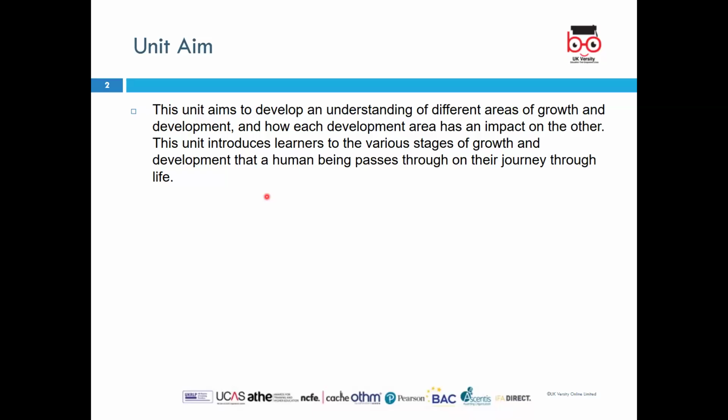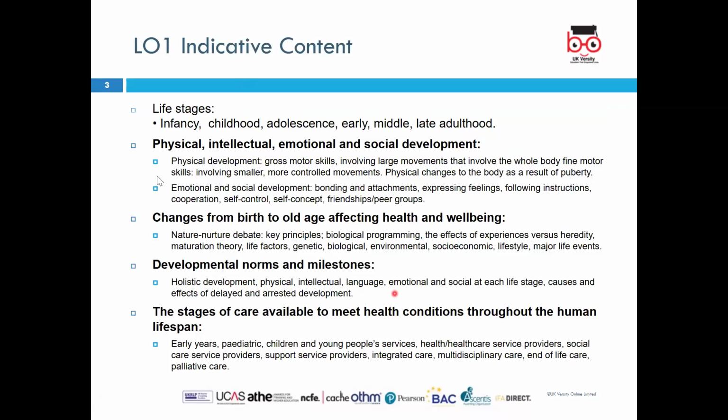A little bit about the terminologies. We have different life stages: infancy, childhood, adolescence, early, middle, and late adulthood. All of these are the different life stages, and you have different types of growth and development throughout them: physical, intellectual, emotional, and social development. Your physical growth is mostly the gross motor skills. When there's a baby, the baby starts moving their limbs and body parts.